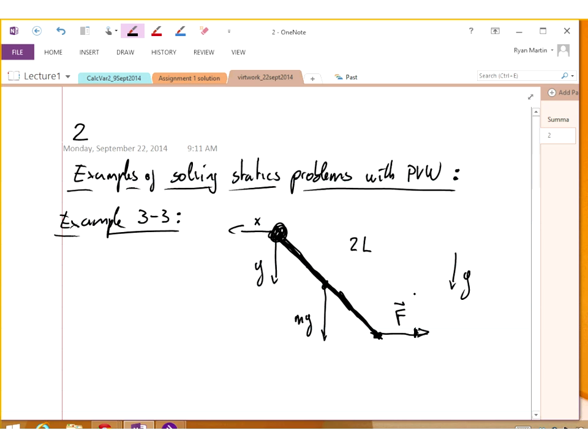And we ask, what is the magnitude of F so that the rod is in equilibrium for some angle theta. So the question is, solve for F, given the angle theta.